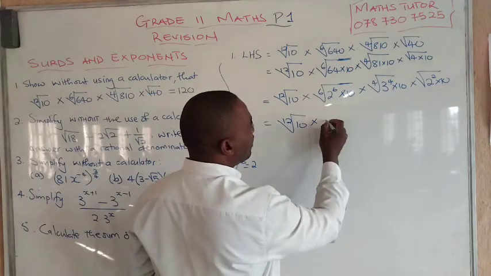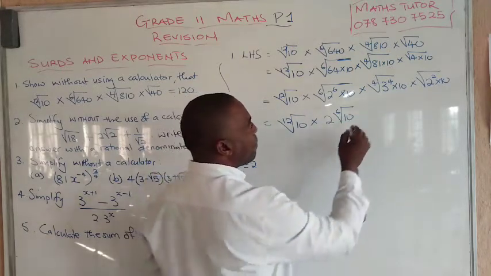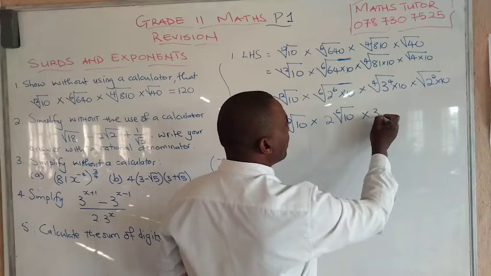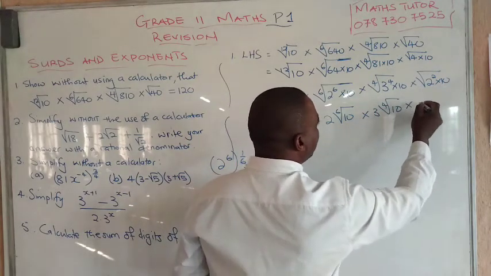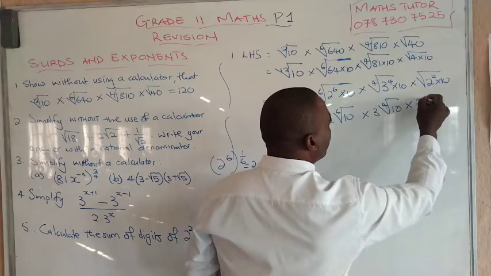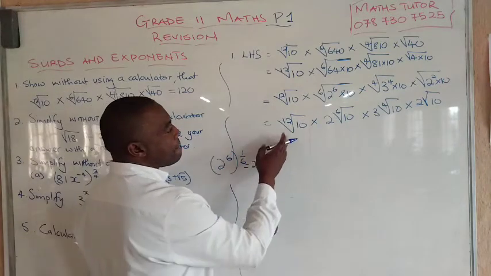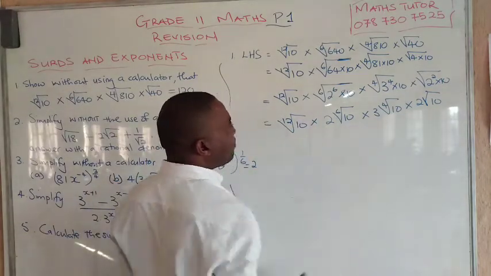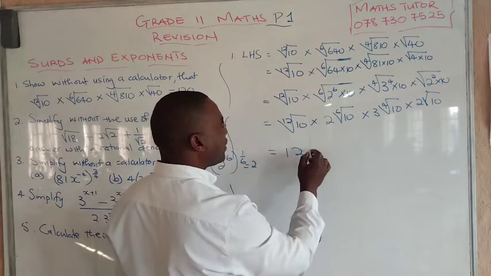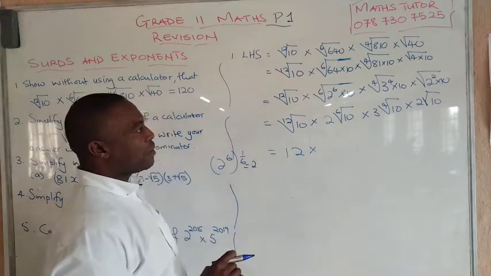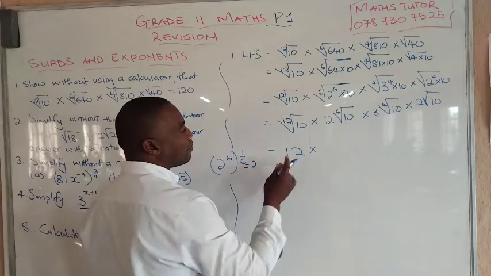So we will have 2 6th root of 10 times 3 4th root of 10 times 2 root of 10. Then we can multiply the numbers, which will give us 12. And then, now maybe to see this clear, let's move from the surd form to exponential form.